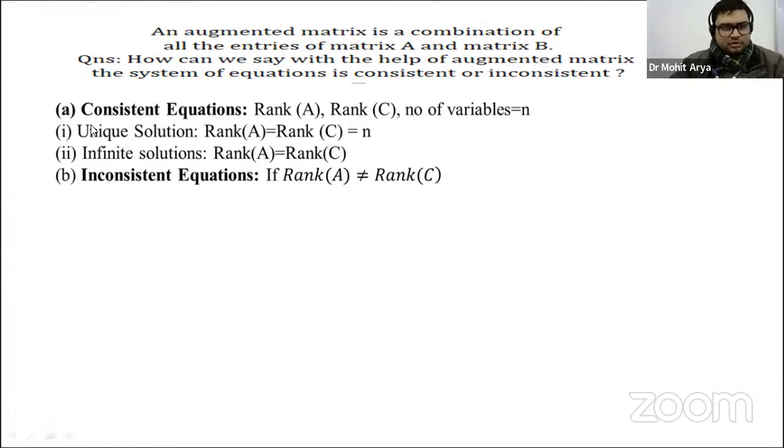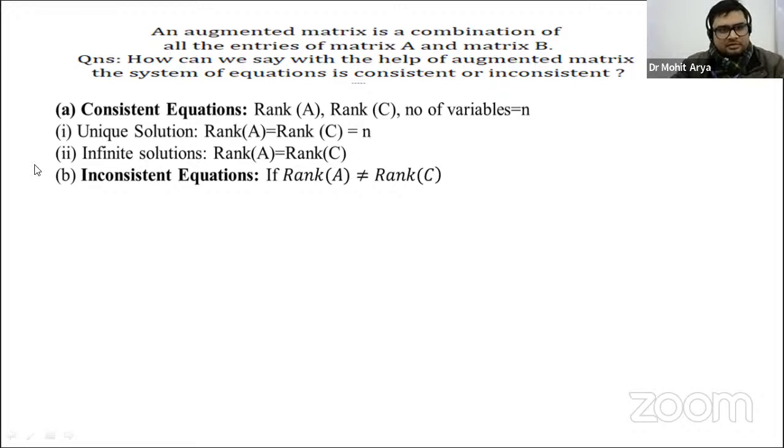We find out the rank of the coefficient matrix, the rank of the augmented matrix, and we have the number of variables n. The system of equations will have a unique solution if the rank of the coefficient matrix, the rank of the augmented matrix, and the number of variables are all equal.